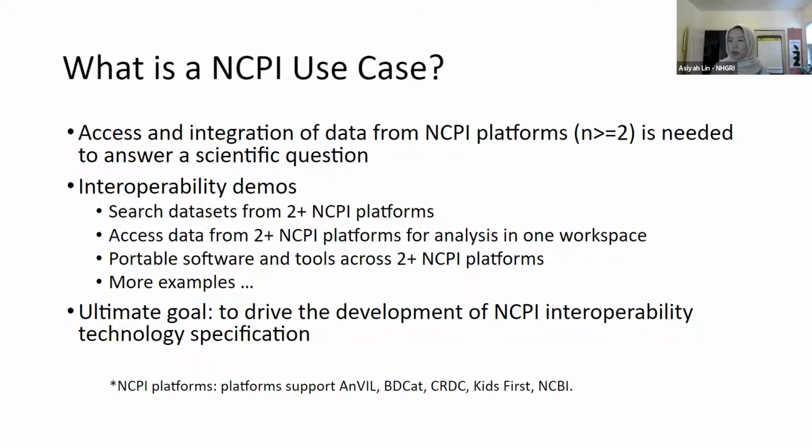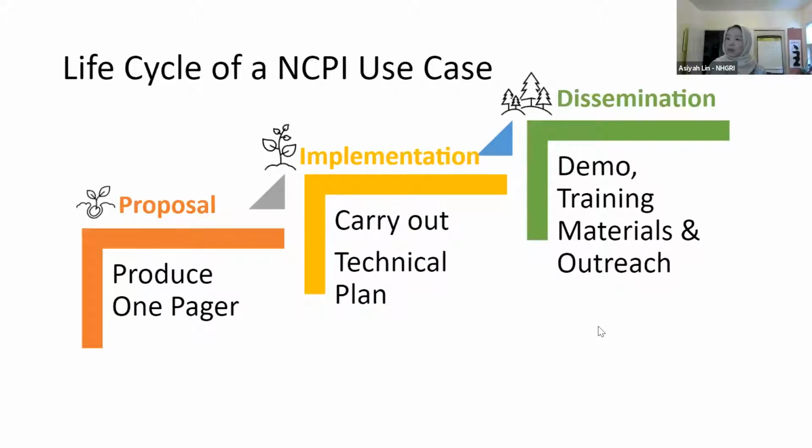But the ultimate goal for the NCPI use cases is to drive the development of the NCPI interoperability technology specification. To make a distinction of the NCPI platforms here, we mean the platforms that support both DDC catalog, CRDC, Kids First, and CBI.